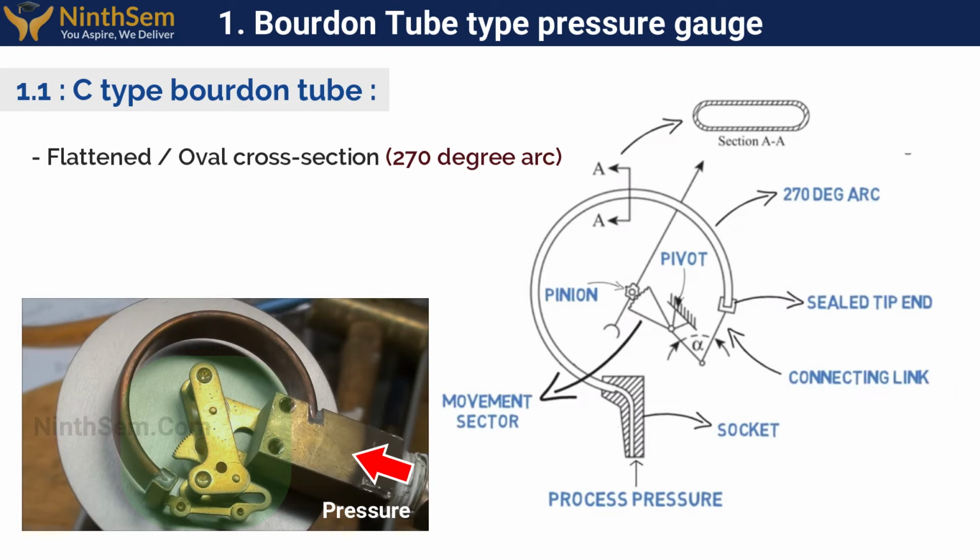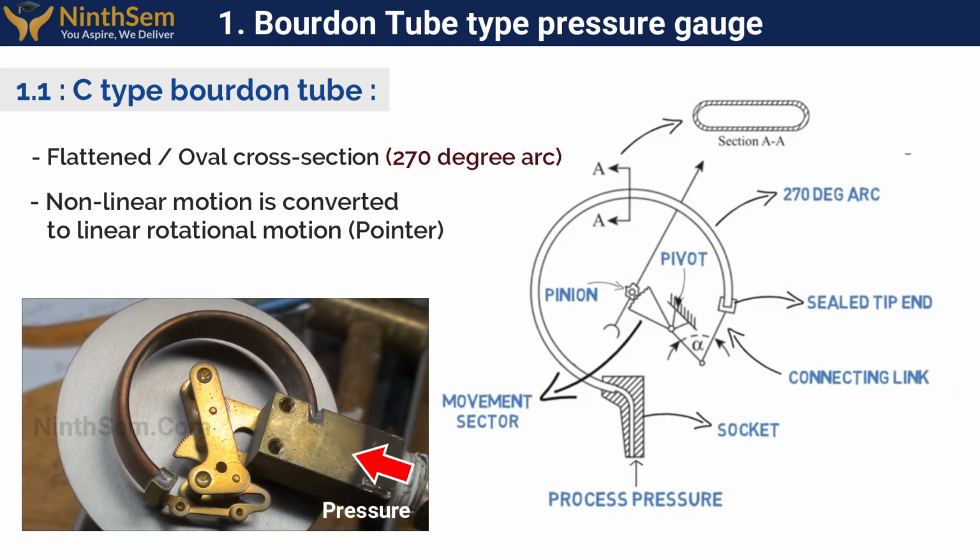When pressure is applied to the tube, the tube tends to straighten. That means the nonlinear motion is converted into a linear rotational motion through a pointer and gear mechanism.